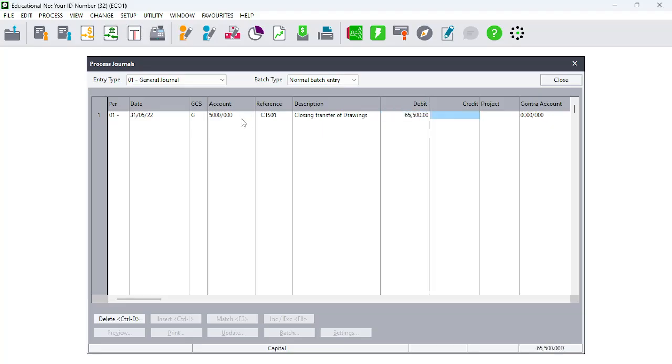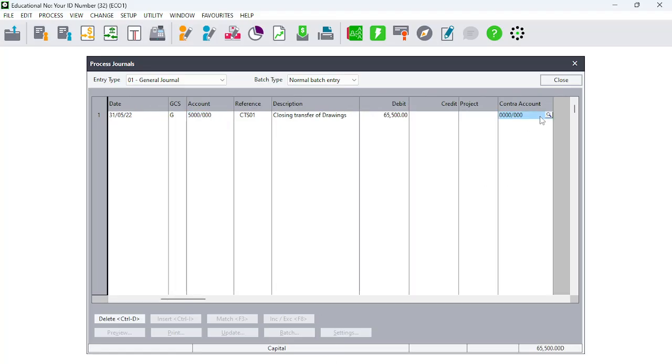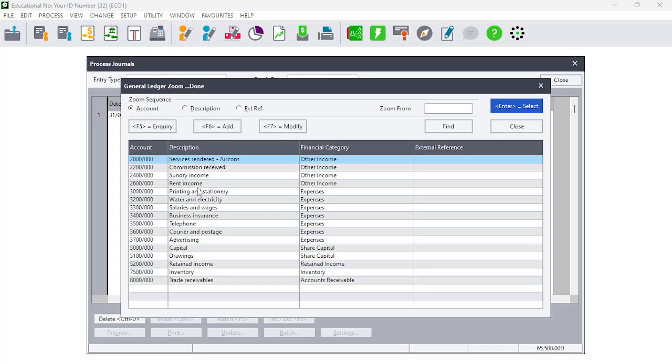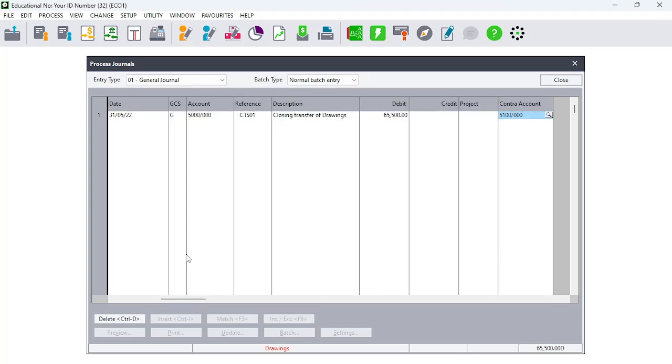So that means I'm debiting capital. And my contra account now will be drawings. In this case, it's going to be 5100. So let's understand what is going on here. This account becomes debited, which is capital, and the contra account becomes the credit account.